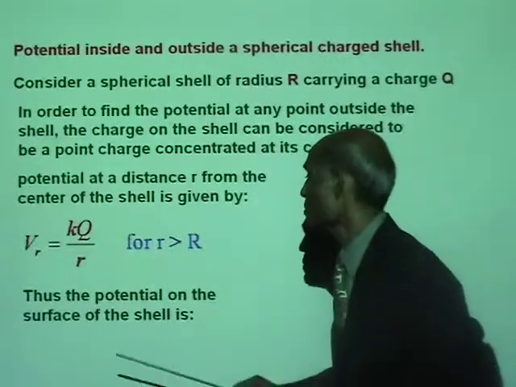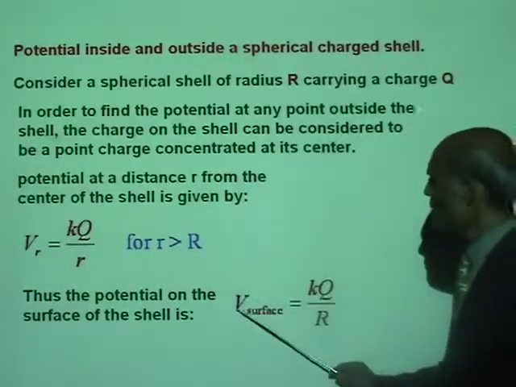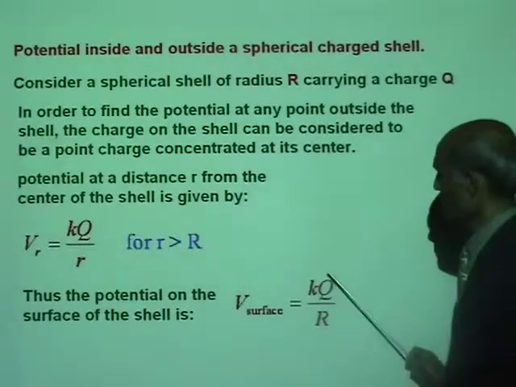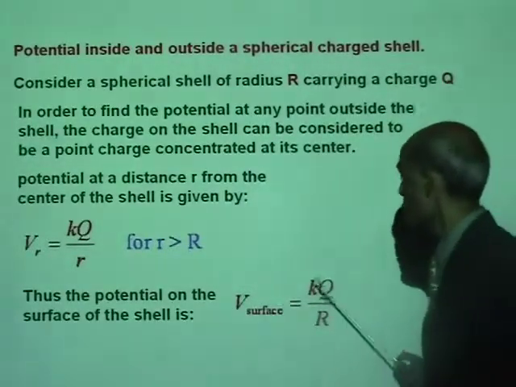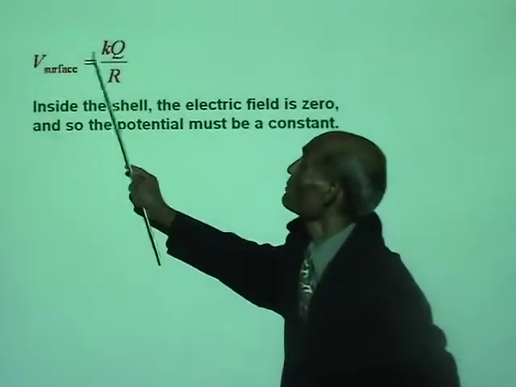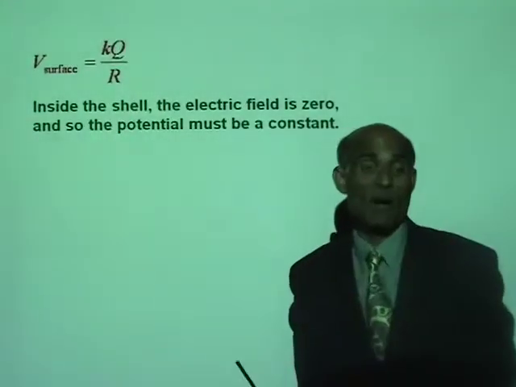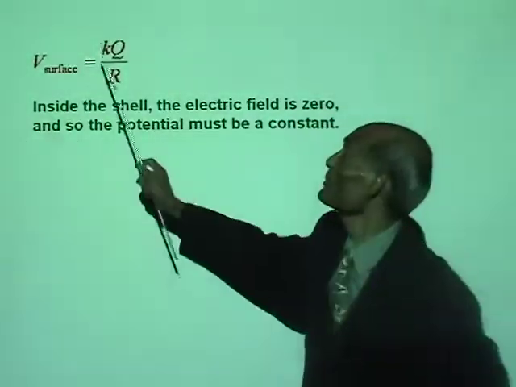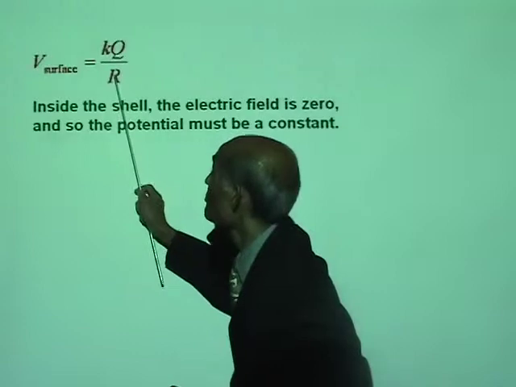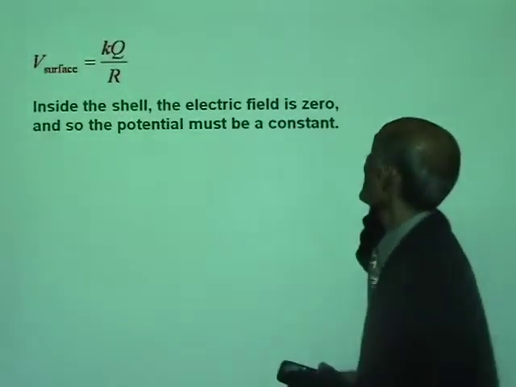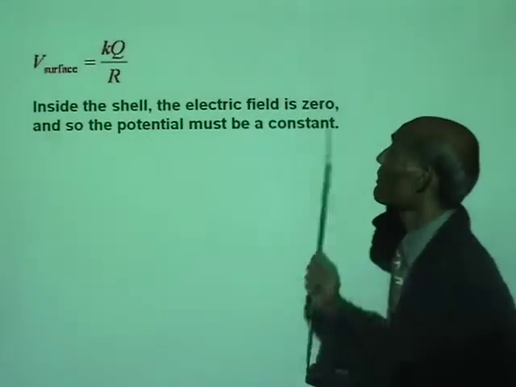Thus the potential on the surface of the shell, V surface, is KQ divided by R, where R is the radius. And potential anywhere outside the surface is KQ divided by small r, where that r is the distance there. And inside the shell, the electric field is zero.